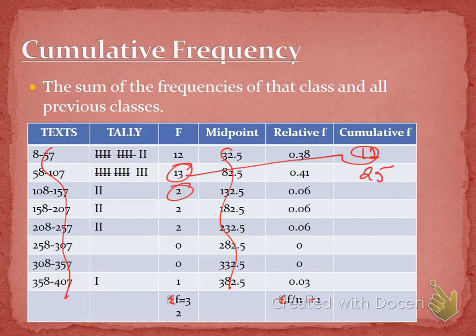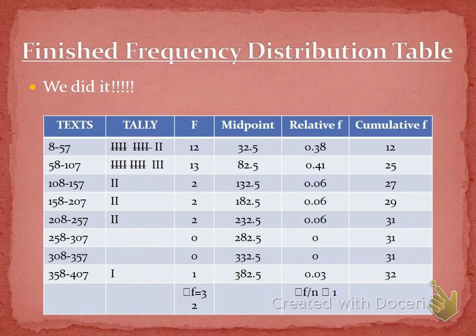And every time I pick up the number of data pieces that are in the next interval, I keep adding. So it lets me know as I progress through the intervals how many data pieces I'm picking up. So there's your cumulative frequency, and you see it there.